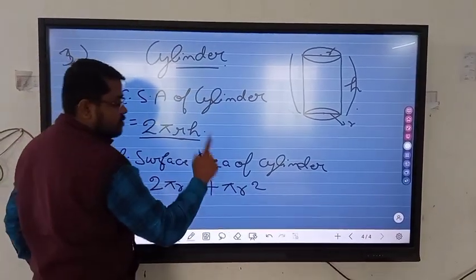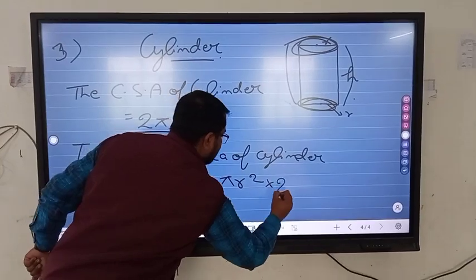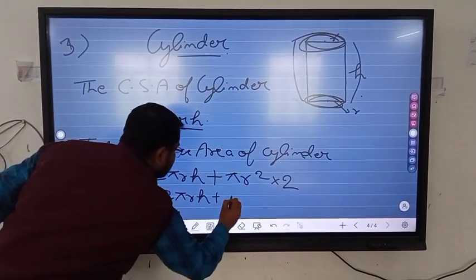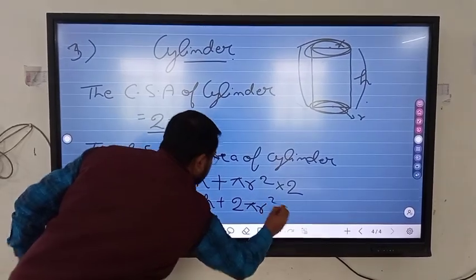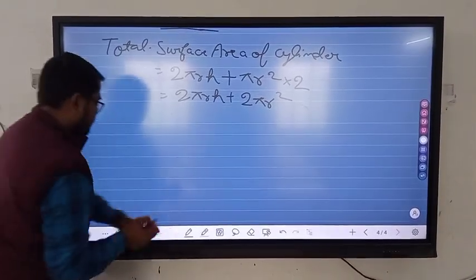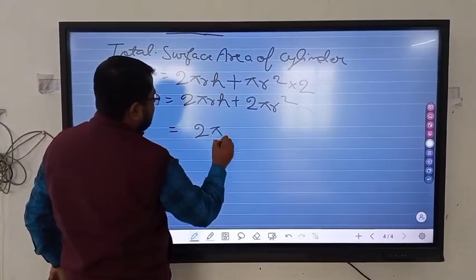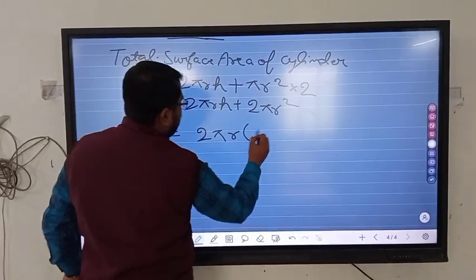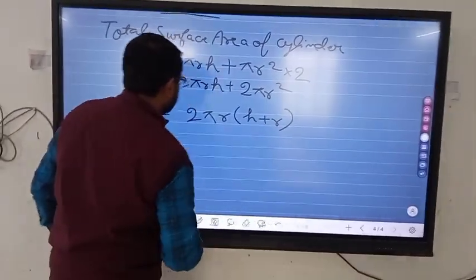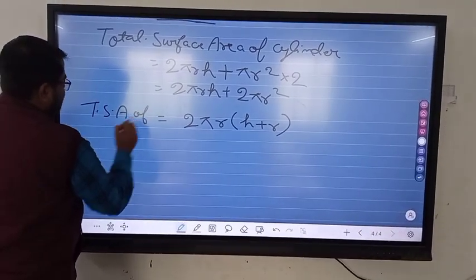But this is 2 times this one and also this one, so it becomes 2 pi r h plus 2 pi r square. If you want to simplify your formula, just take it common, 2 pi r bracket h plus r bracket close. This is the formula of TSA of cylinder.